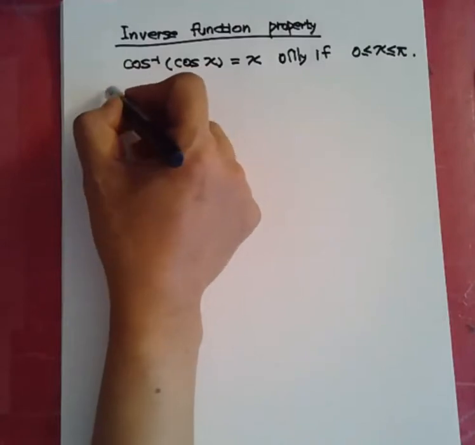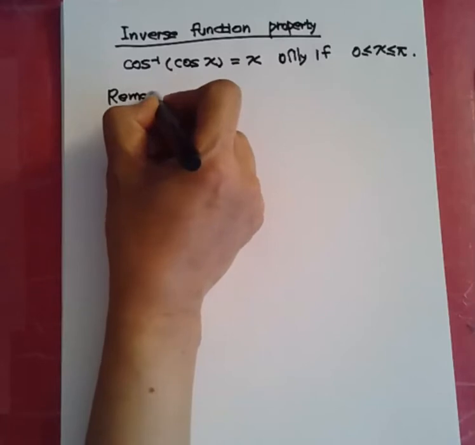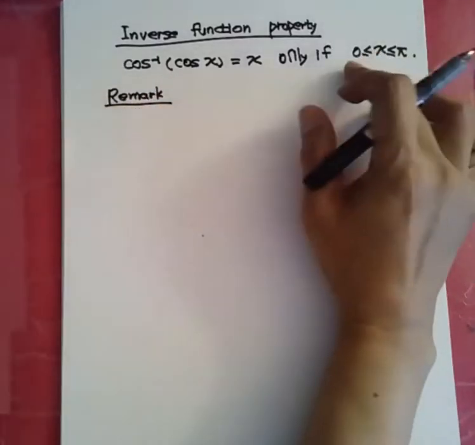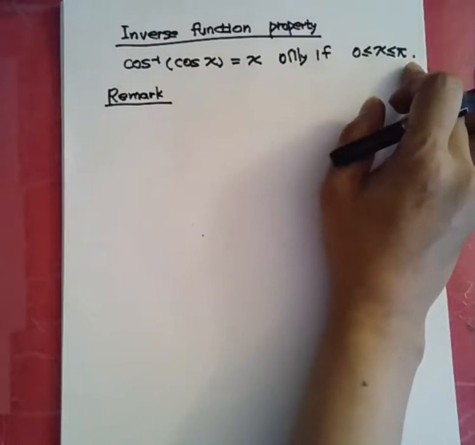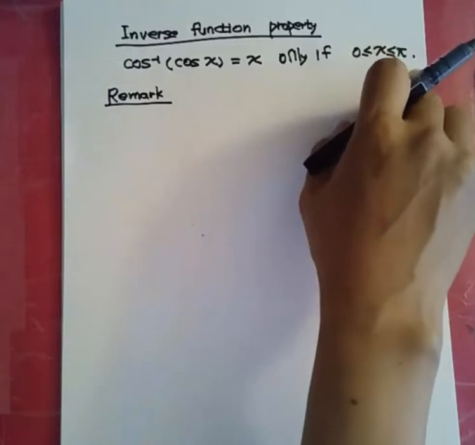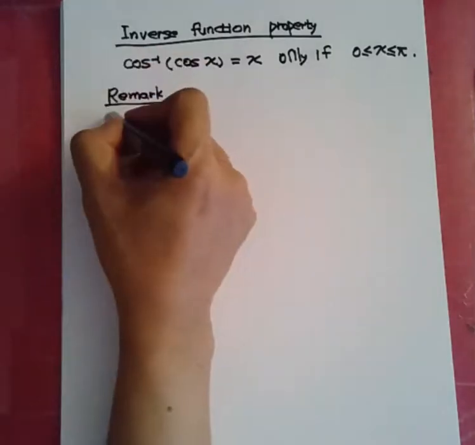That also means if x doesn't belong to the angle range between 0 and pi, then we have to figure out the angle whose cosine value is the same, but the angle belongs to 0 and pi.